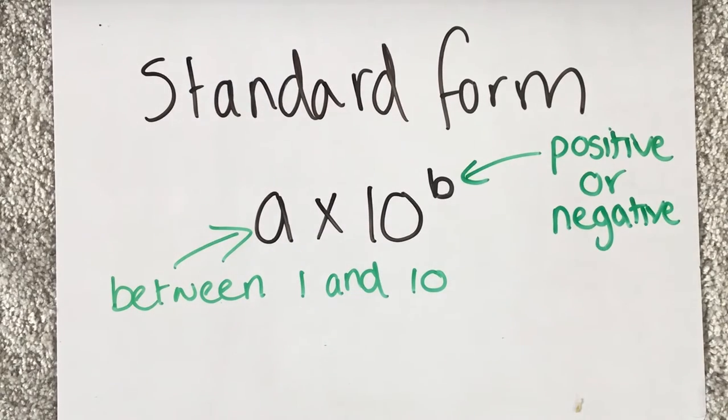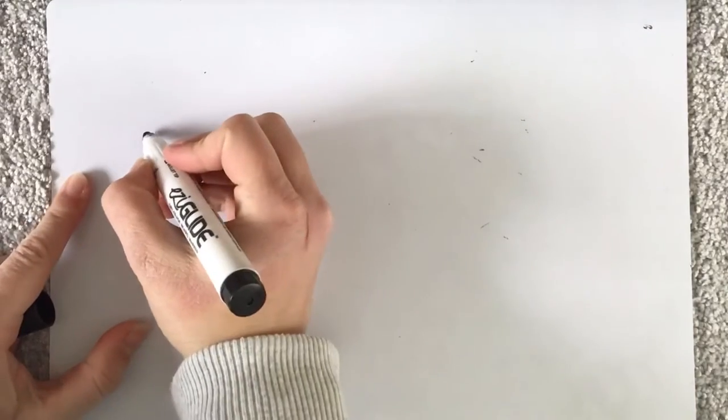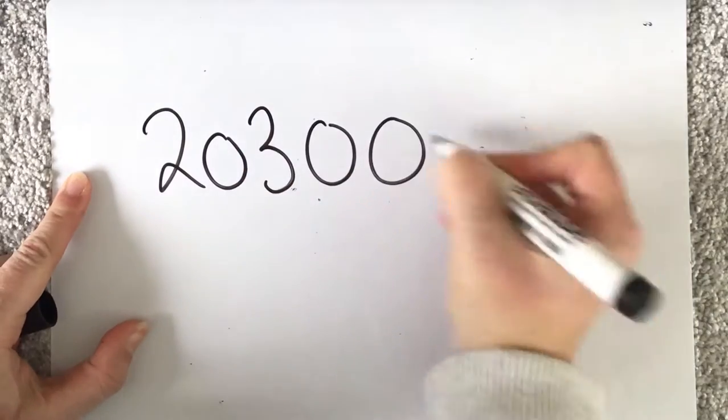Now, if I start quickly going through what happens when we've got a large number, so if I have something like, let's say, 203,000.